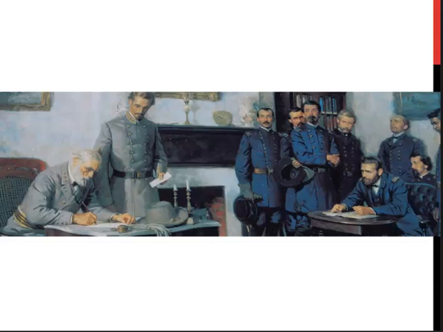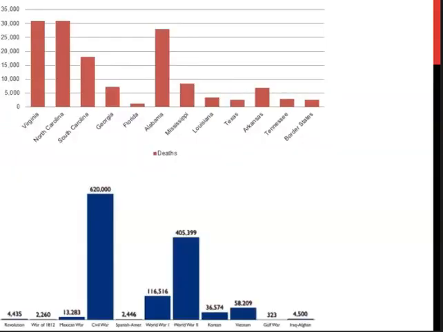Now, the outcome, the effect, the end of the Civil War. If we take all of the other battles that America has been involved in, and all of the soldiers that have died in all the other wars and battles, there were still more soldiers lost in the Civil War alone than in all of the other wars and battles and death combined.